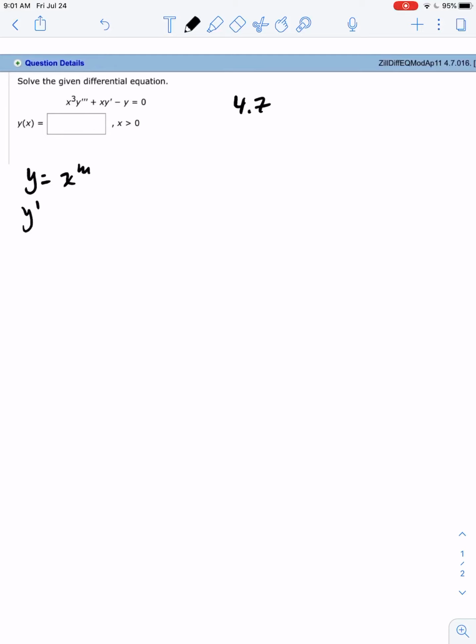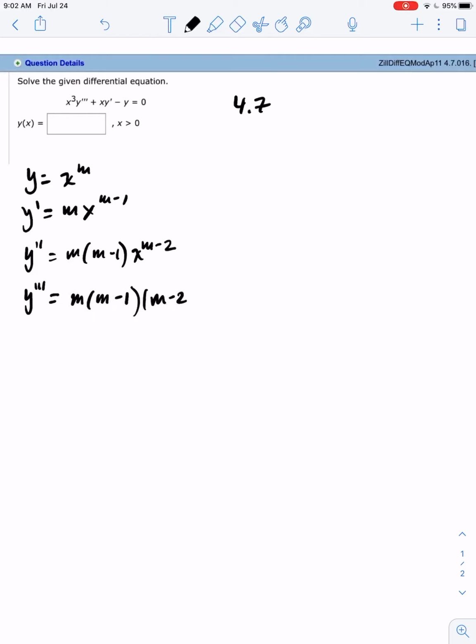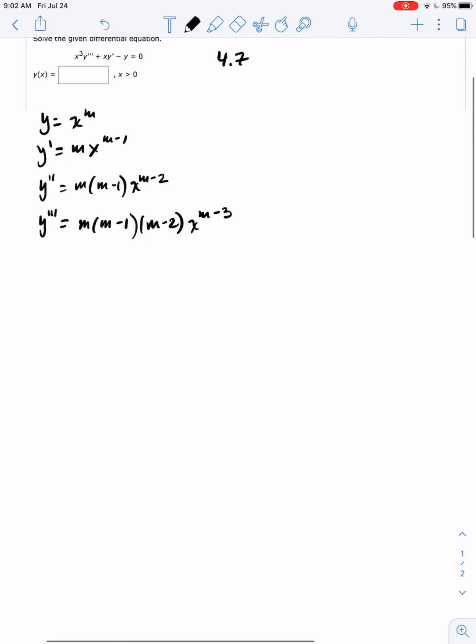So as you do your derivatives, here you'll get m x to the m minus 1, m times m minus 1, x to the m minus 2, and then the third derivative would be m minus 1, m minus 2, x to the m minus 3. Okay, so now let's plug everything in for our derivatives, right?